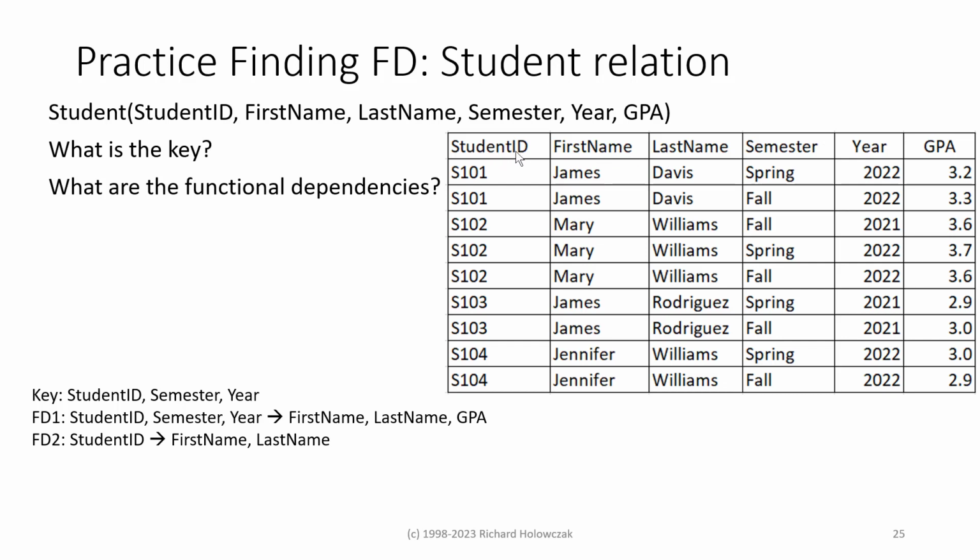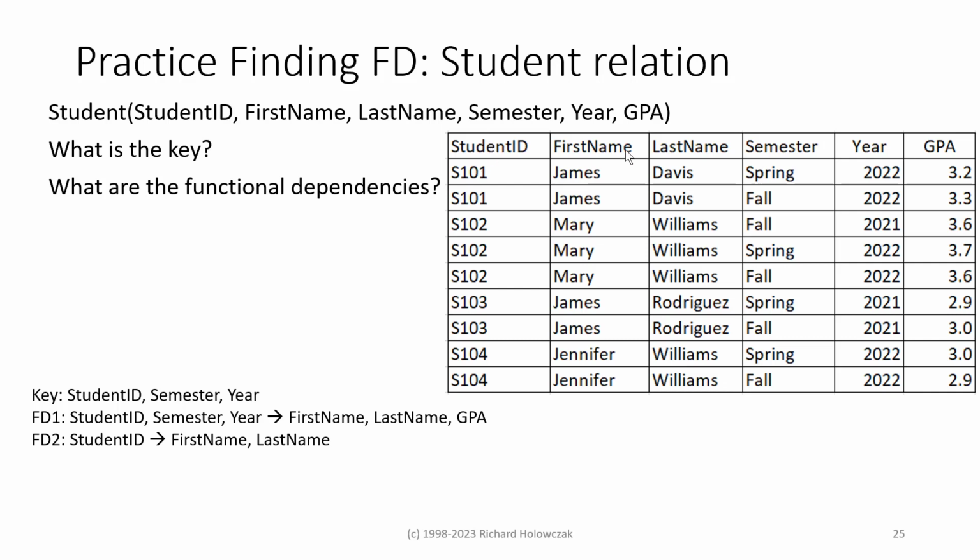If we bring the student ID together with maybe semester, that might work, but we can see a case here where S102 has 2 fall semesters. So I don't think that will work. If we bring student ID, semester, and year together, then we can determine the GPA.